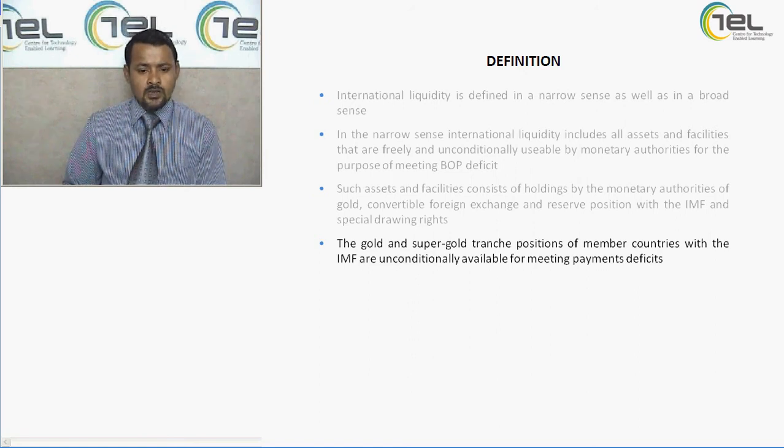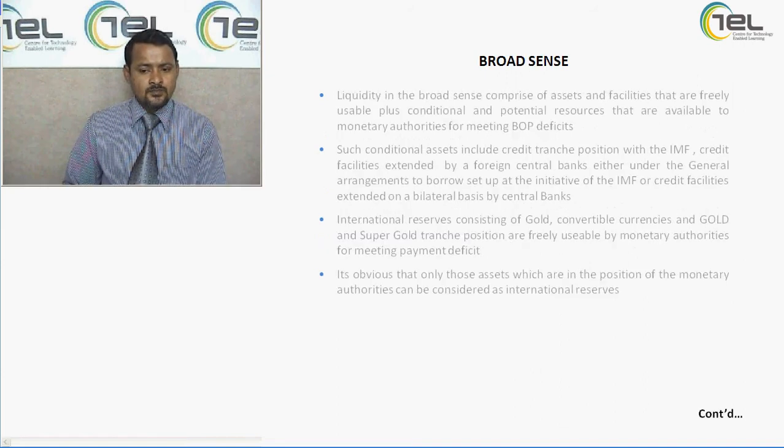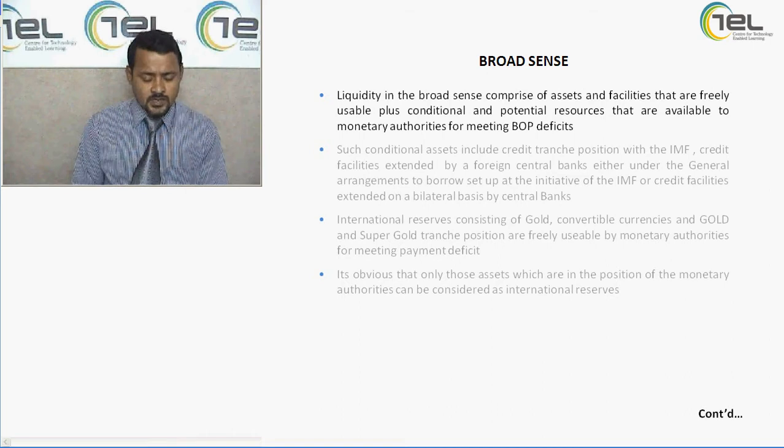Liquidity in the broad sense comprises assets and facilities that are freely usable plus conditional and potential resources that are available to meet BOP deficits.